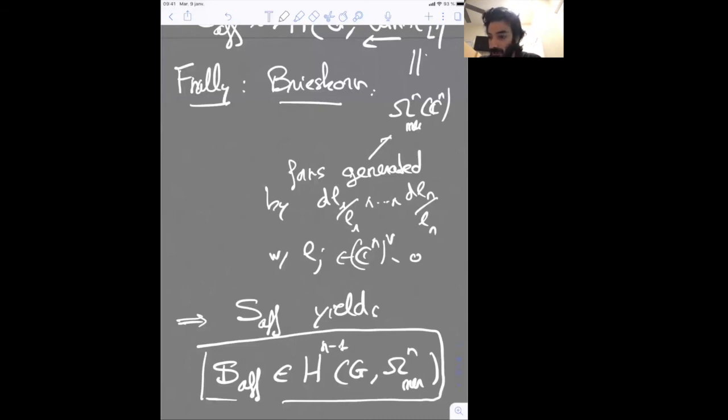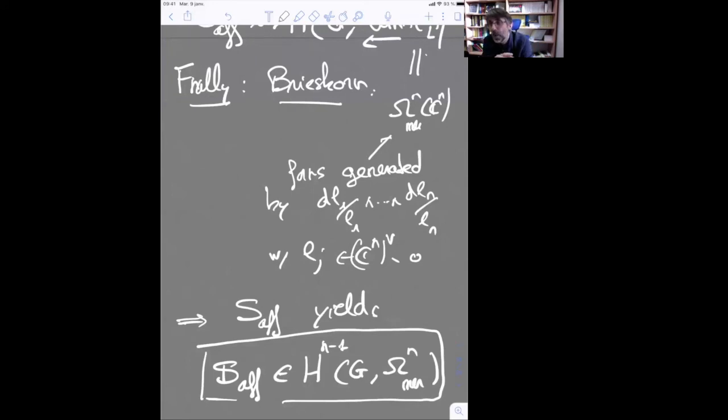So in your case, will this viewpoint play any role, that they're coming from representations? No, in our case, you'll see that there are really non-unitary representations.